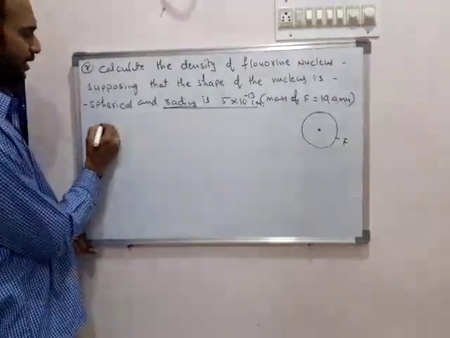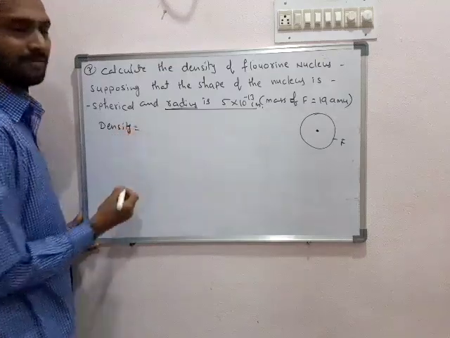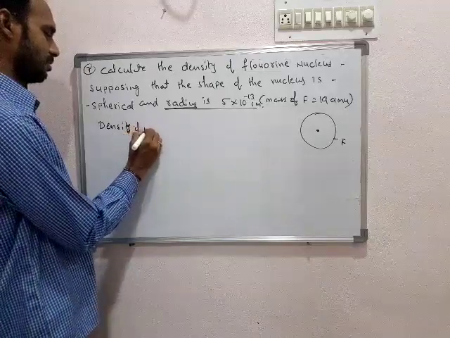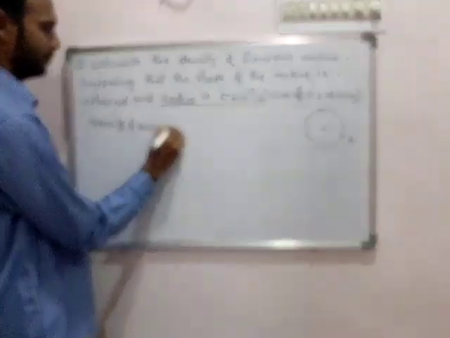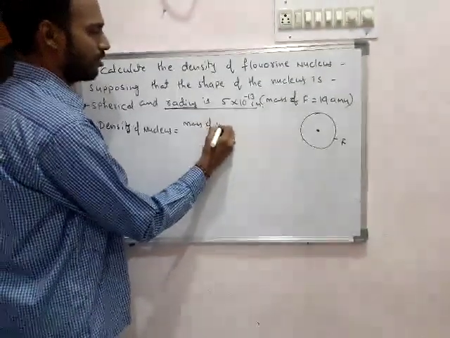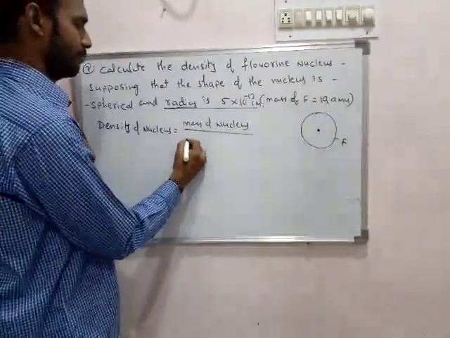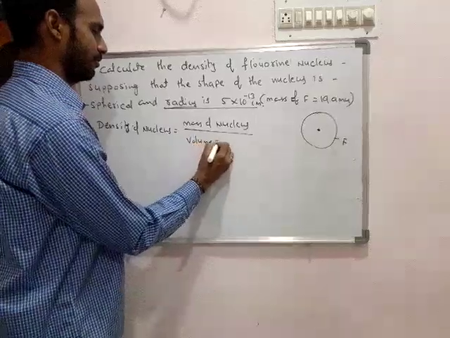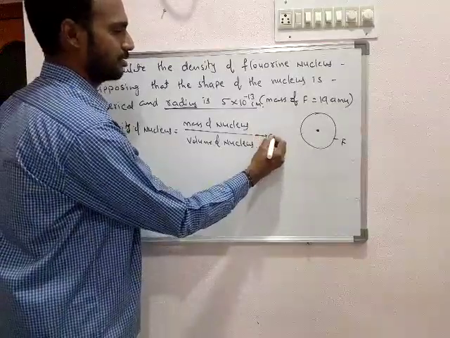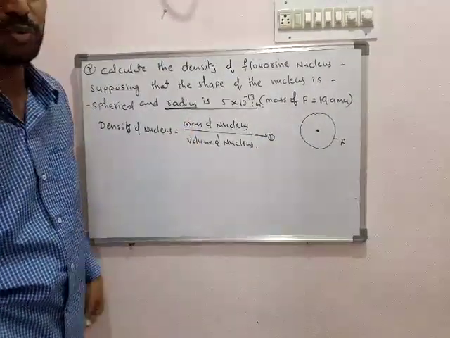We know the formula for density: mass by volume. Here we need to take the density of the nucleus. Density of the nucleus means mass of nucleus by volume of nucleus. So now we need to know both the mass of the nucleus and the volume of the nucleus.